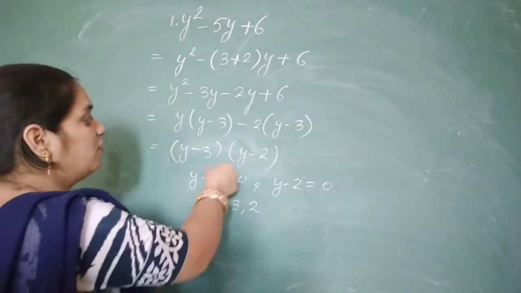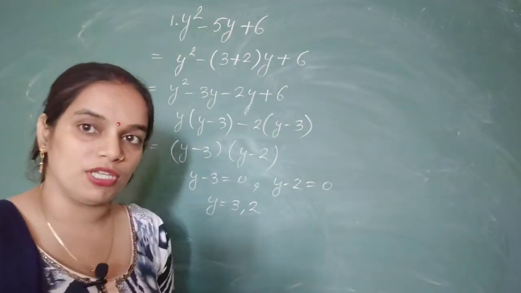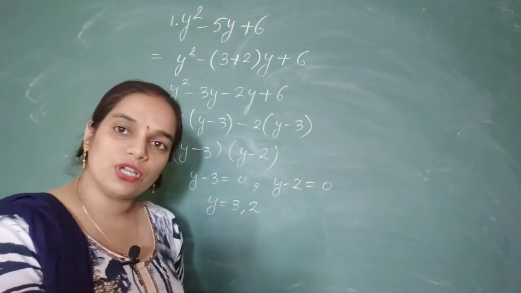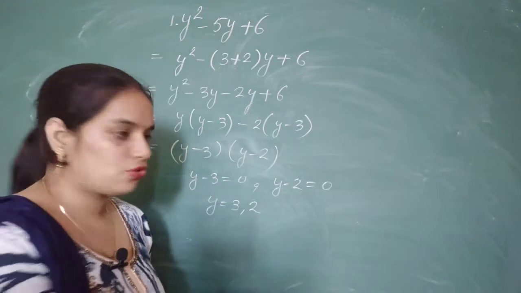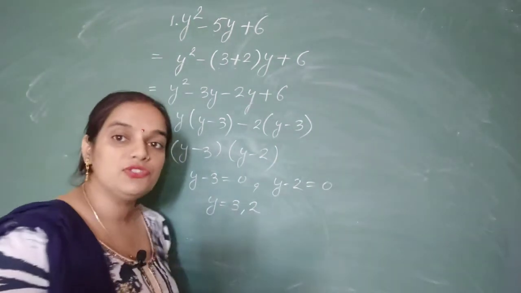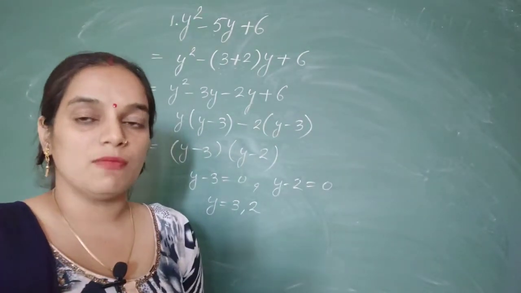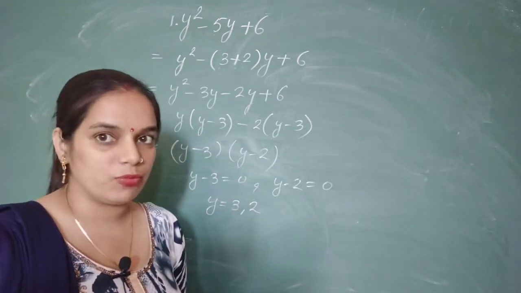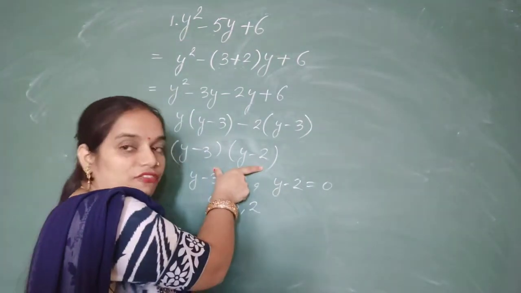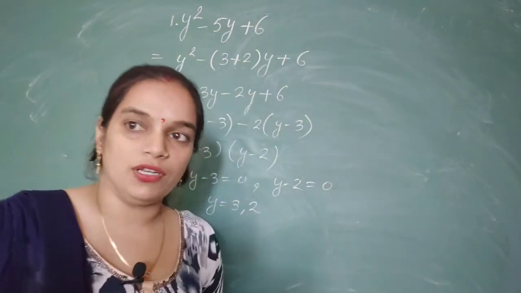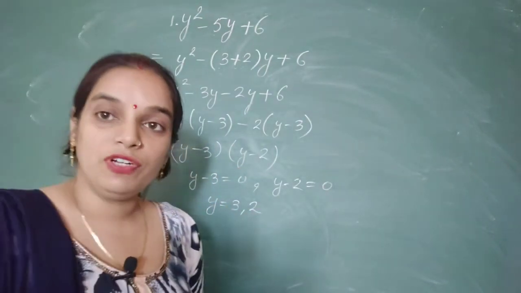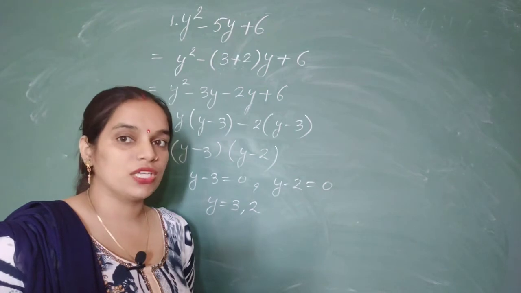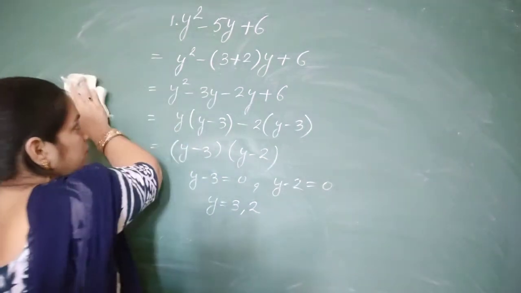These were the factors of our polynomial. If you want to do the question further, it is your choice. From here we find the zeros of the polynomial. But our question was that we have to just factorize the given polynomial, and these are the factors of our given polynomial. Now we will do this question by using the factor theorem.